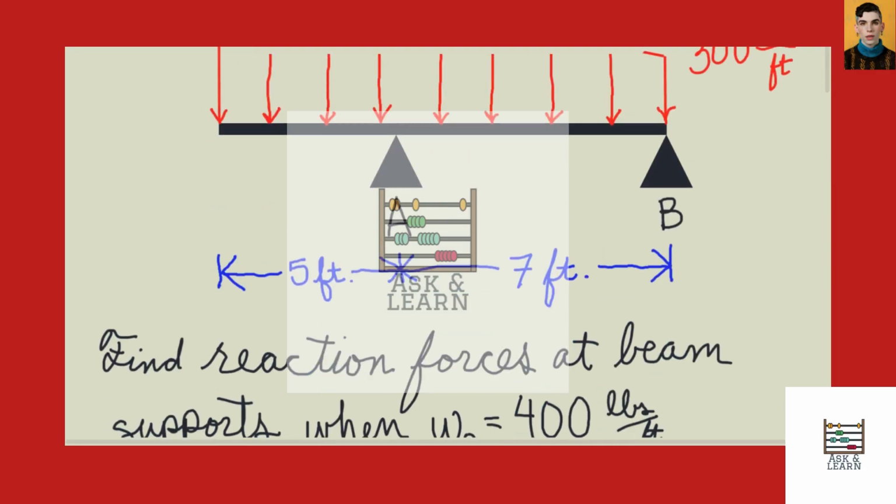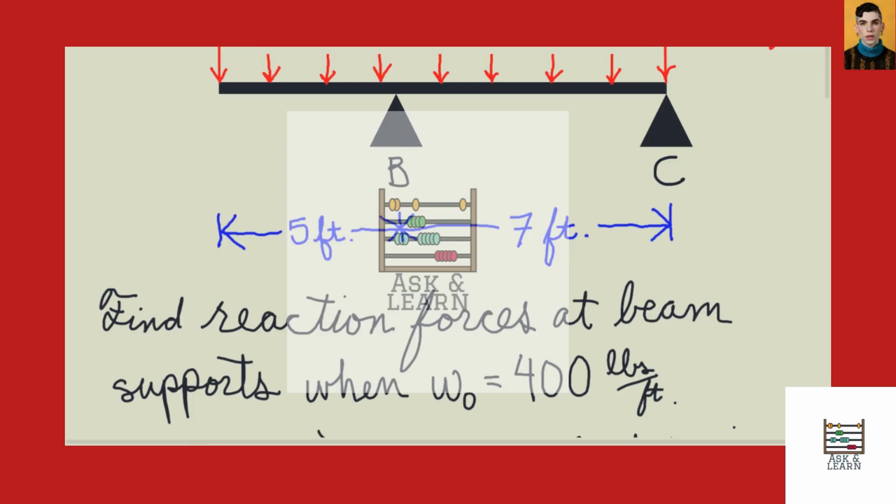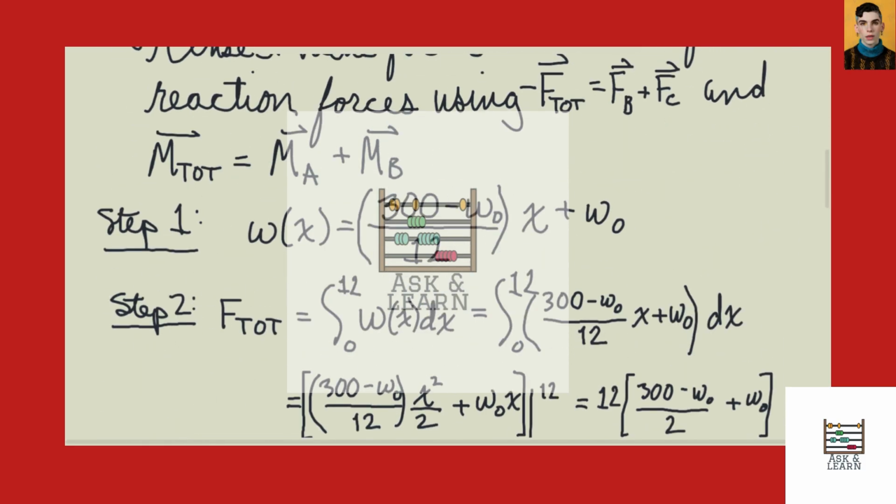And I apologize, but I used the wrong values here for the supports. So let's fix that while we can. These should be B. This should be C. My apologies again.